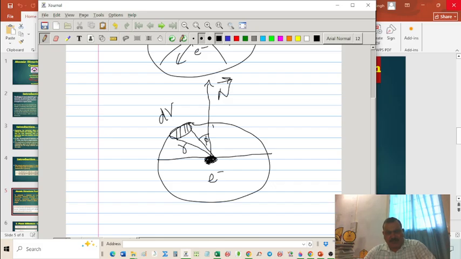So yes, this is the electron sphere. Obviously, the charge on this volume element will be rho dV. The X-ray beam is incident on this, and after that it gets scattered.